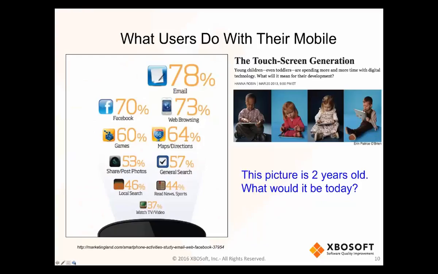Now, this slide here is about 2 years old, and so my question to you today, this should be in green to engage some participation, would be, how would this be different? I would say that email is still going to be up there as one of the top things that people do, but you can see that you have email, Facebook, browsing, games.